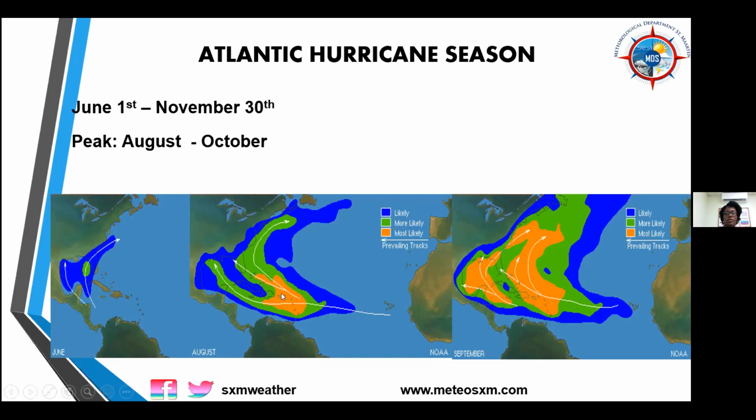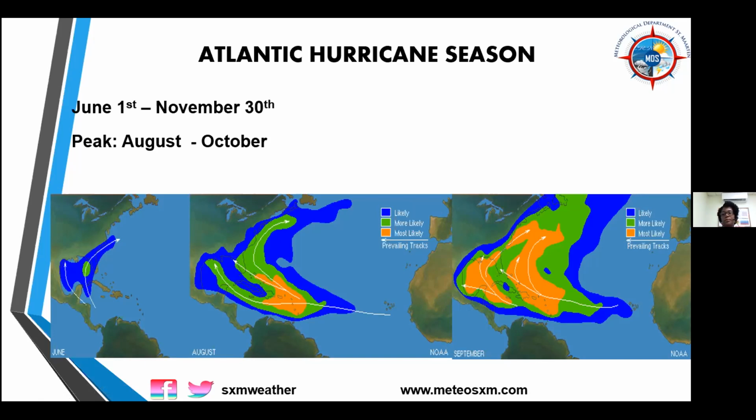It starts to develop closer to our island chain, the Eastern Caribbean, and off the coast of the Bahamas. That's where you have the most likely areas for development. And the final diagram is September, where we are now. They can develop almost everywhere in the Gulf, along the eastern coast of America, and around us in the Caribbean. Based on historic data, August to October is when we have most of the hurricanes occurring.